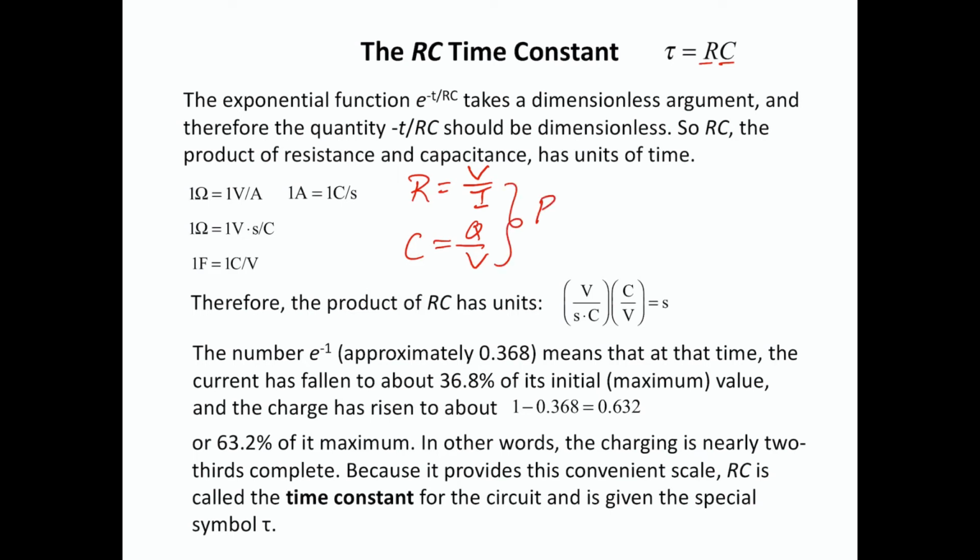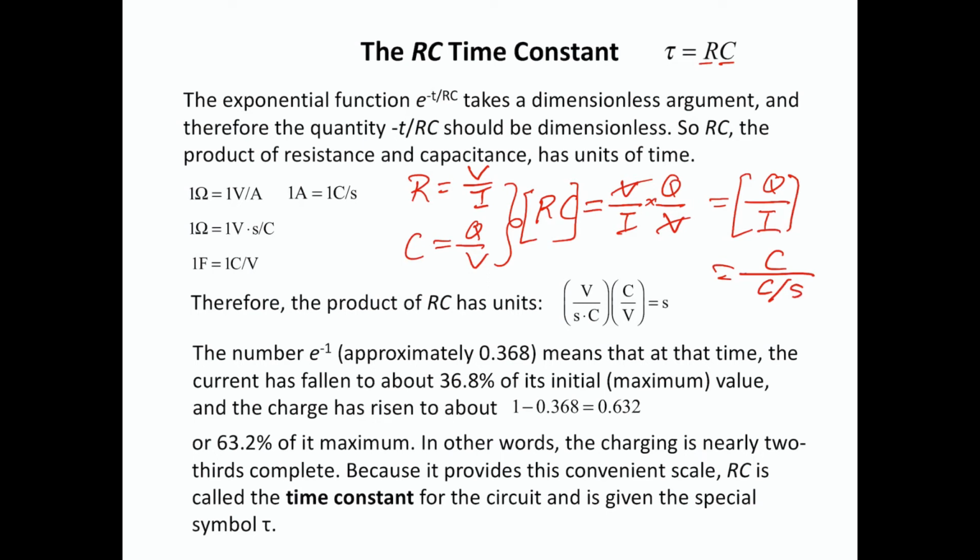So when you combine RC, it's V over I times charge per V. So first the V cancels, but Q over I. The Q is coulomb. How about I? Coulomb per second. So therefore it is second. Can you see it? Yes, RC is second. Now we call this one the time constant.